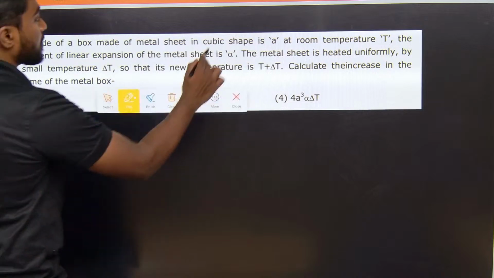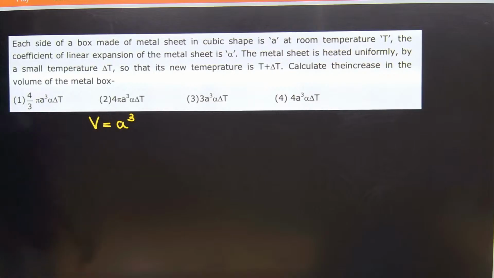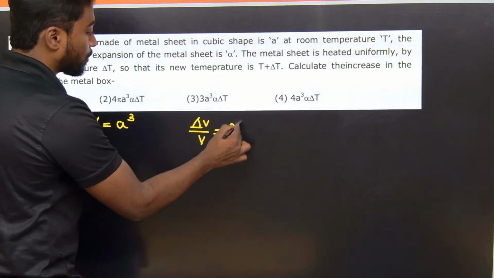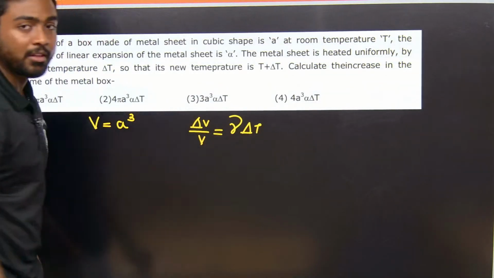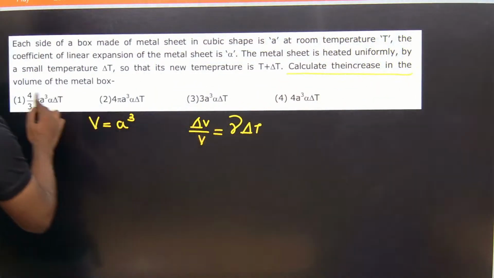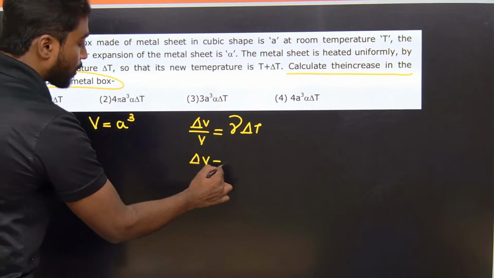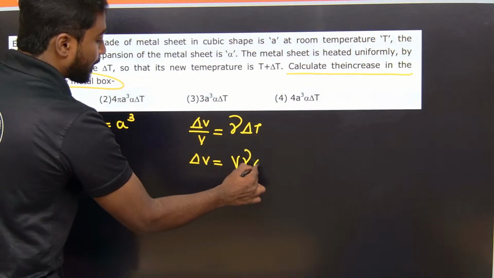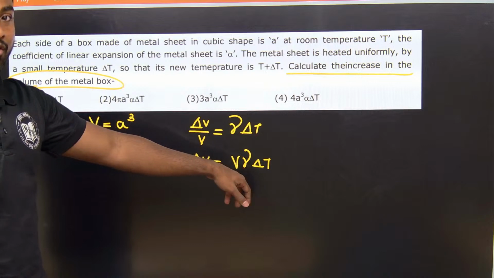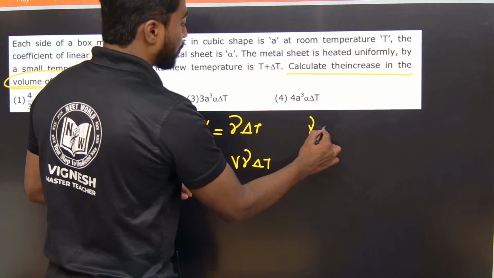The formula will be delta V by V is equal to gamma into delta T. And what they have asked is to calculate the increase in volume of the metal box. So delta V will be equal to V into gamma delta T. The relation between the coefficient of linear expansion and the coefficient of volume expansion is gamma equals 3 alpha.